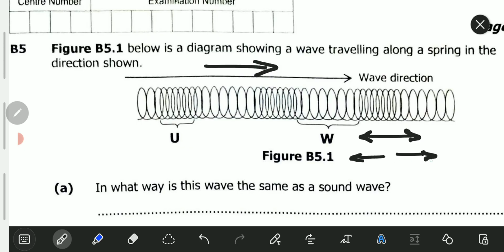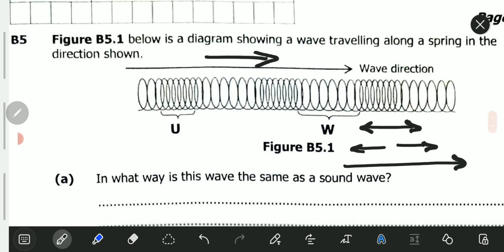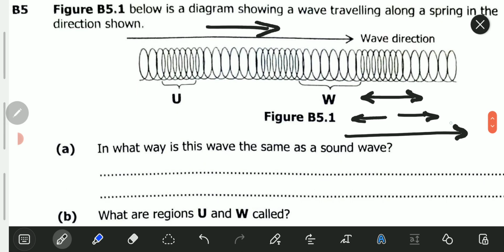So the particle is moving like this while the wave moves forward. We can see that the movement of the particles is parallel to the movement of the wave, and any wave whose particle movement is parallel to the movement of the wave itself is a longitudinal wave. And knowing what type of wave sound waves are, we can say that sound waves are also longitudinal waves.